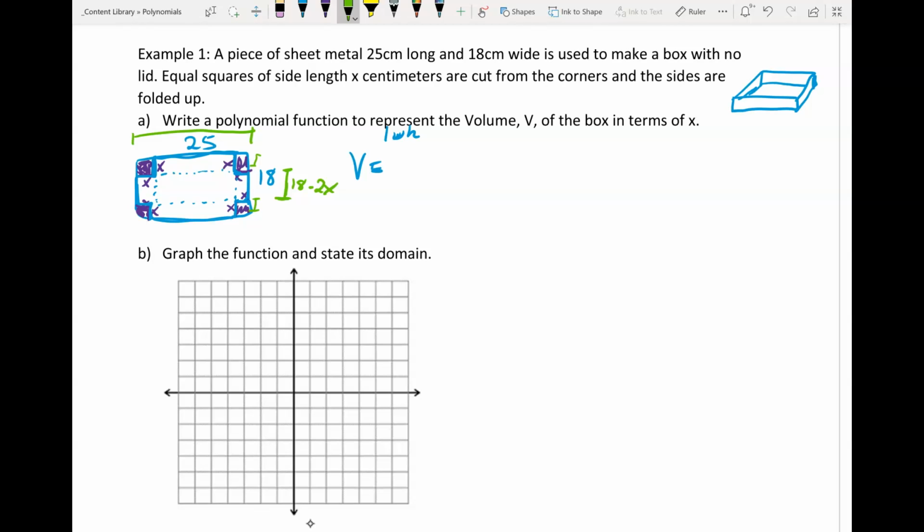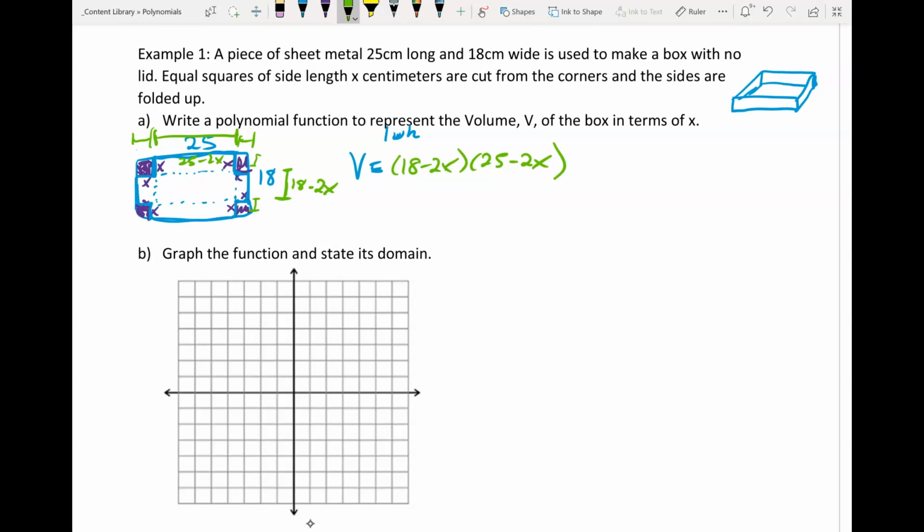And our width is from here to here. And that's going to be the similar concept, 25 minus these two little x's on each side. So this is 25 minus 2x. So our length can be 18 minus 2x. Our width can be 25 minus 2x. Those are interchangeable.